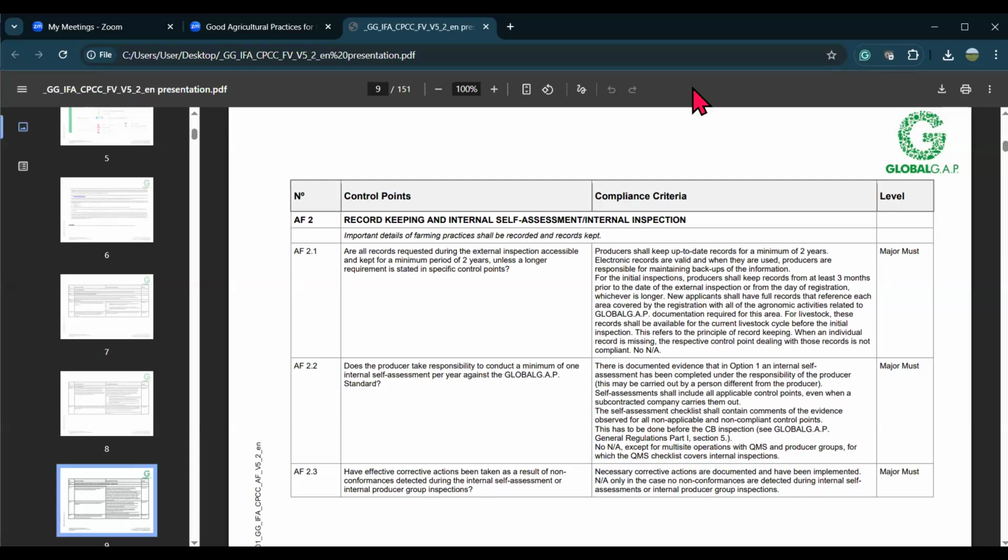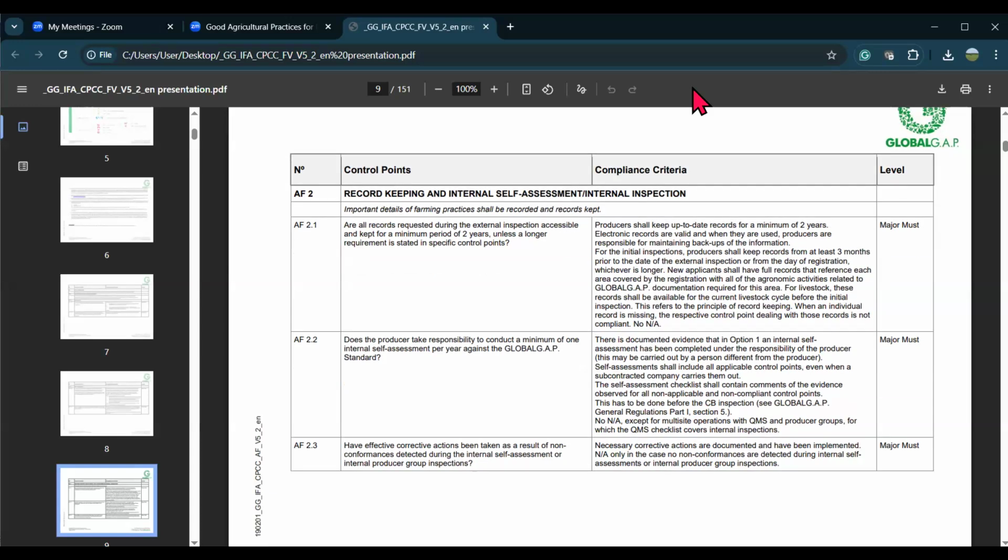There's what we call the quality management system as well. Let me just quickly check this in here. The quality management system is a system used when you have a group of producers, say 10 producers that you want to certify, who are supposed to be producing the same thing. It is supposed to control all the network that you have, to ensure that they are doing everything in unison.